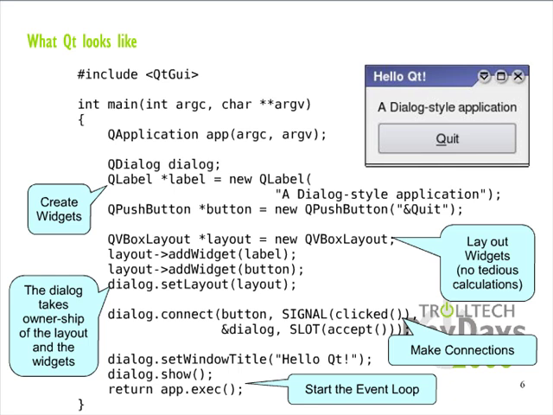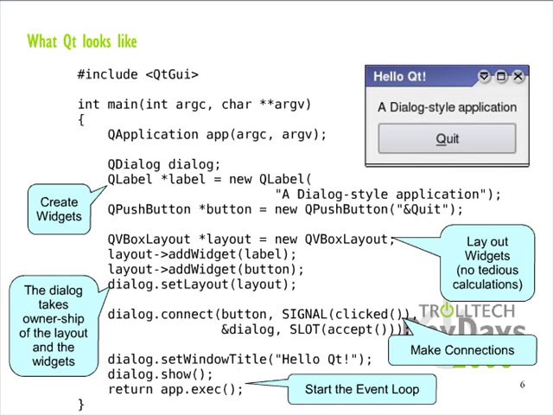And we lay them out using a V-box, a vertical box layout. Now notice there are no numbers. I'm not saying what position and what size these things are. And we'll get on to layouts later, because Qt has a very intelligent layout system that, in general, does the right thing. And when it doesn't, it's very easy to persuade it to do the right thing.